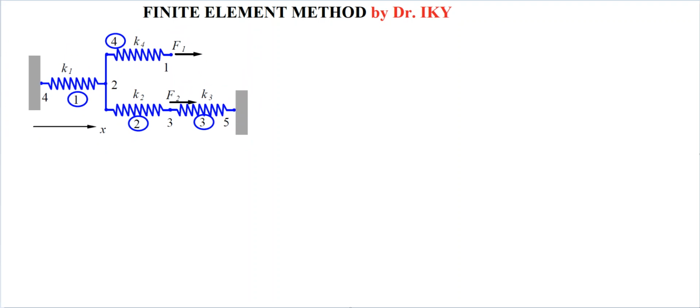Yes, this one. I want to give you the values, and we have arbitrarily numbered nodes. This is important. First element, second element, third element, and fourth element. But we have got the nodes.